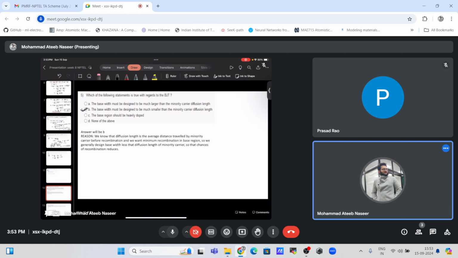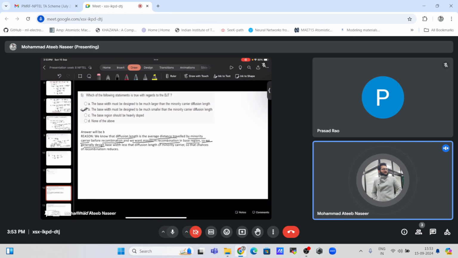That's what we have written here also, that the diffusion length is the average distance traveled by a minority carrier before recombination, and we want minimum recombination in the base region. We do not want the recombination to happen over the region.